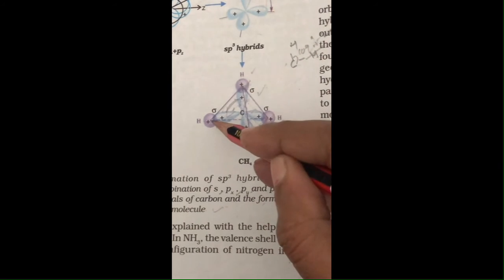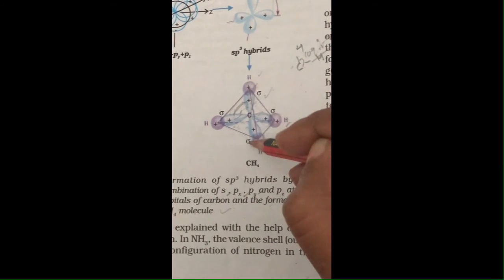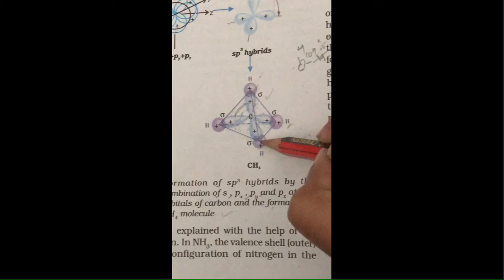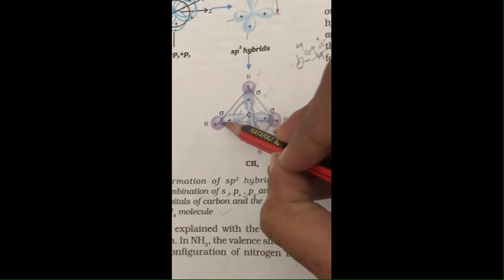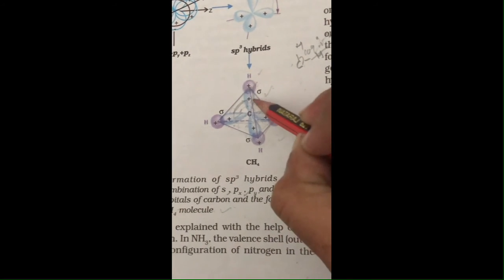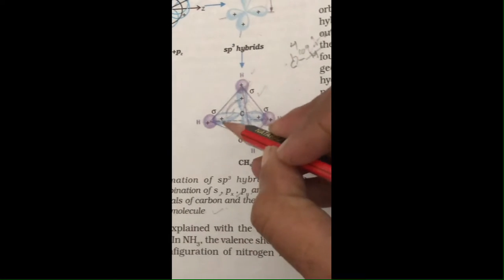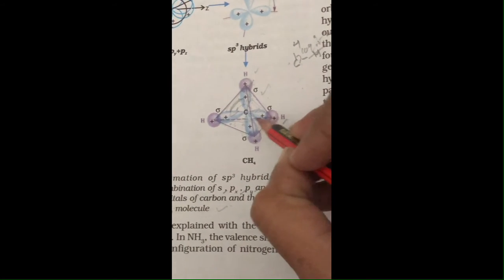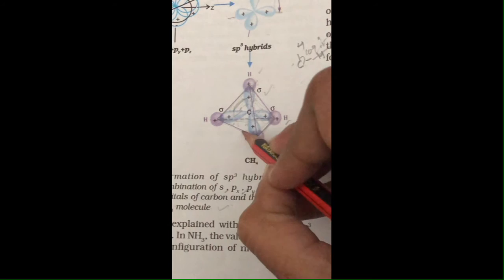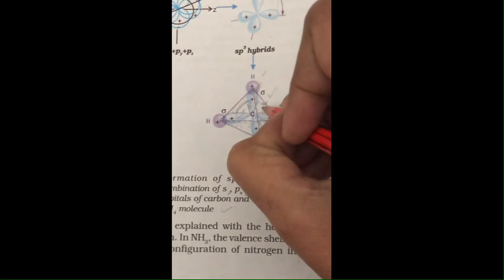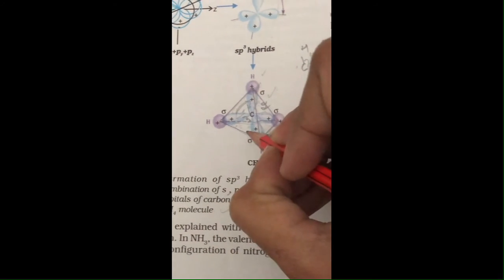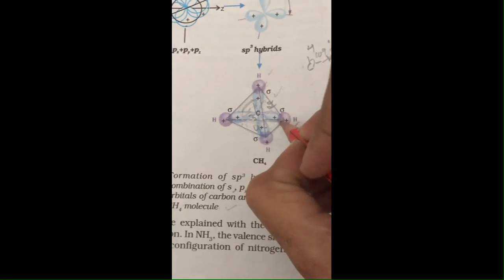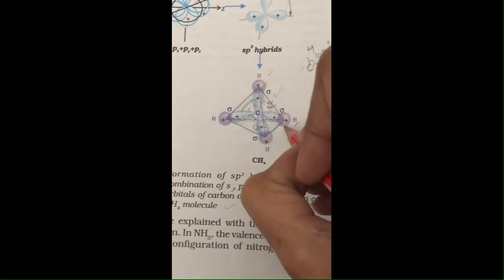This is the first face and that is the second face, and this is the third face lying at the back side, and that is the fourth face. This one is the first, second and that is the third, and this one will be the fourth face of the tetrahedron. Clear?